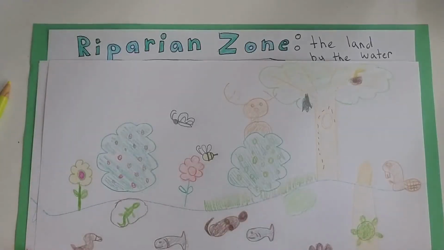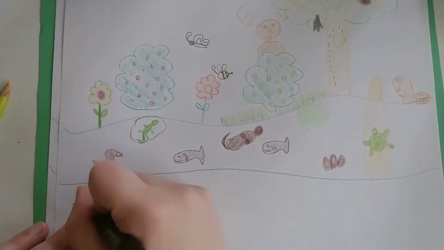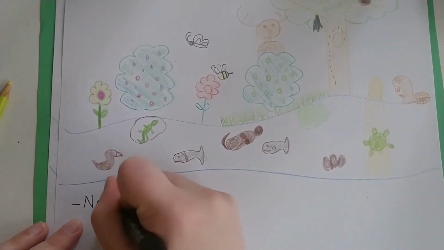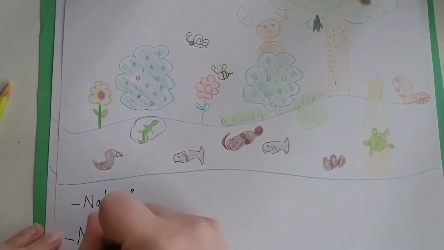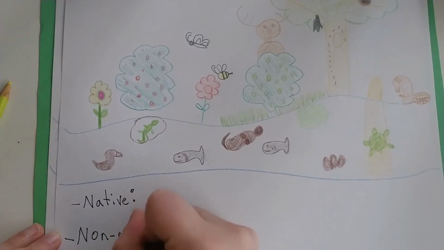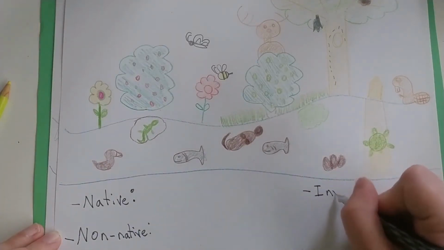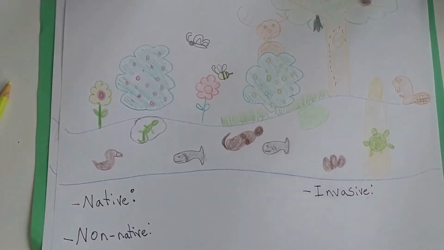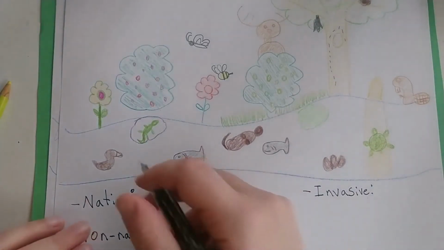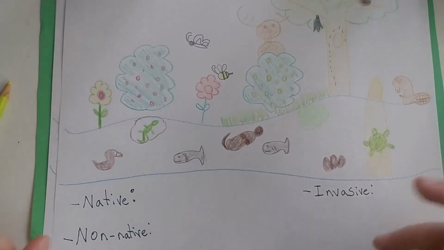And I want to talk about some extra vocabulary words I would like you to write down. So I want you to write down the word native, non-native, and then over here, maybe invasive. So native animals or plants. We're just going to be talking about them in regards to animals and plants.